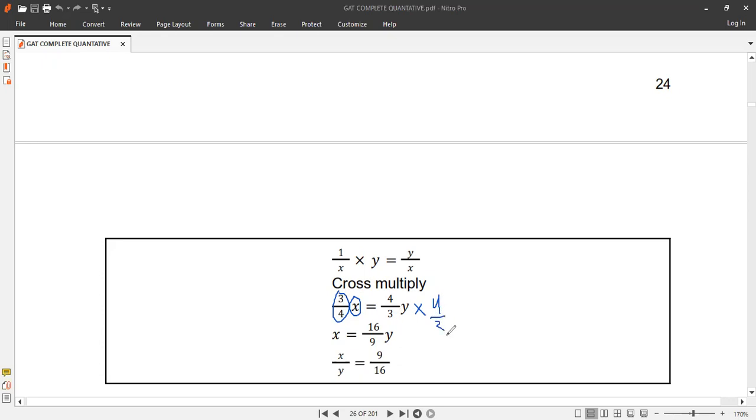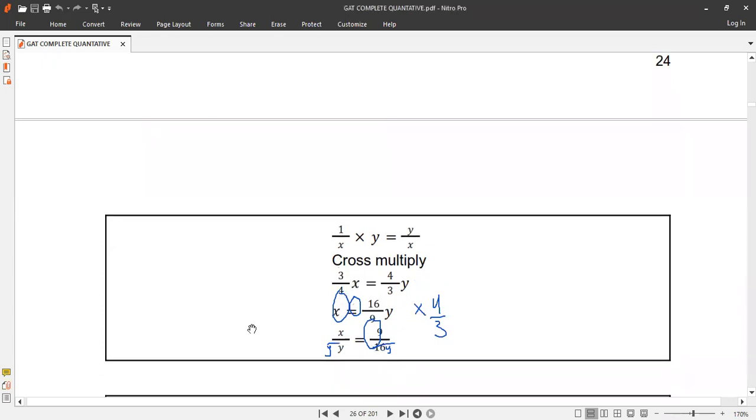So 4 multiply 4 equals 16. 3 multiply 3 equals 9. So x equals 16 over 9y. Now divide both sides by y. So x over y equals 9 over 16.